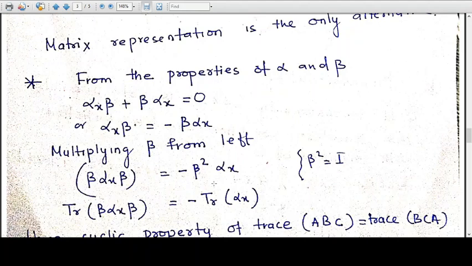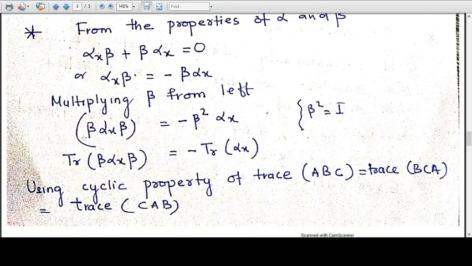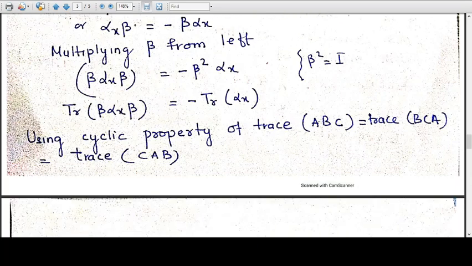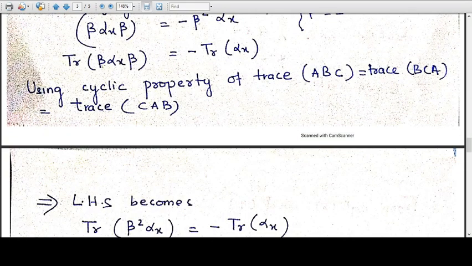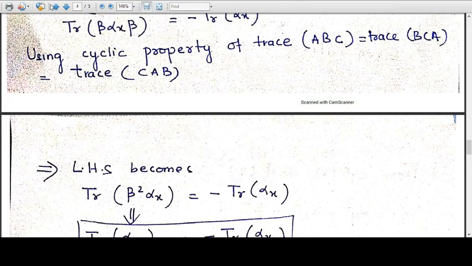Multiply from the left, you get beta alpha x beta is equal to minus beta square alpha x. Beta square is equal to I. So trace of beta alpha x beta is equal to minus trace of alpha x. Now, using the cyclic property of trace, that is trace of ABC is the same as BCA is equal to CAB, when it becomes CAB, it will become beta square alpha x.